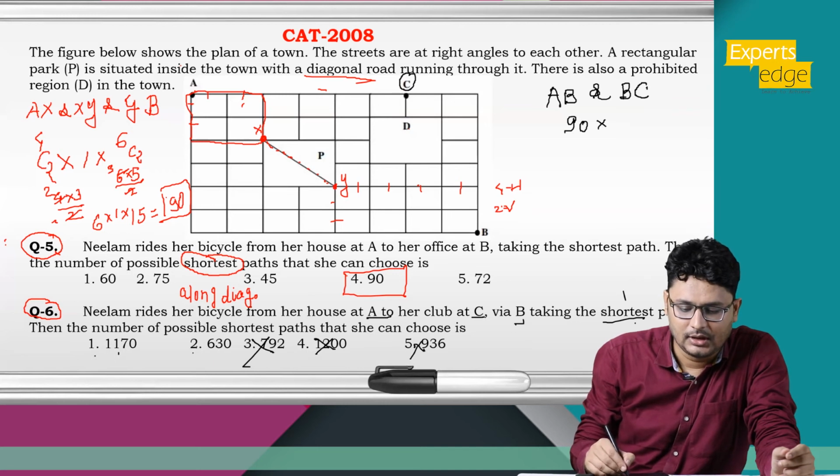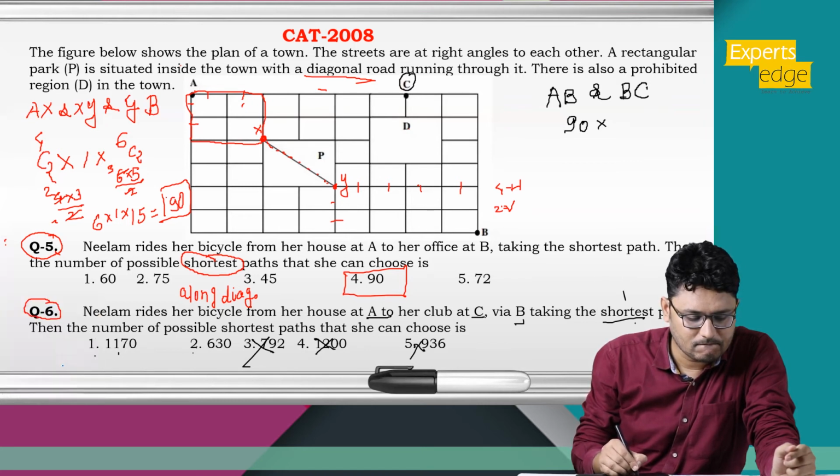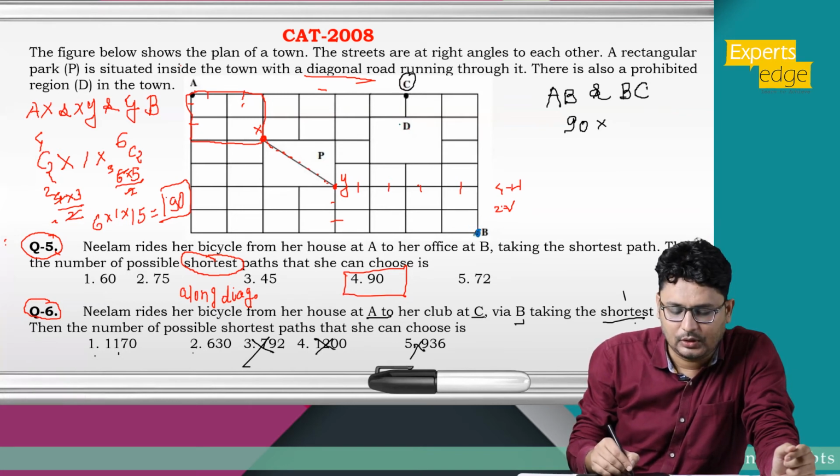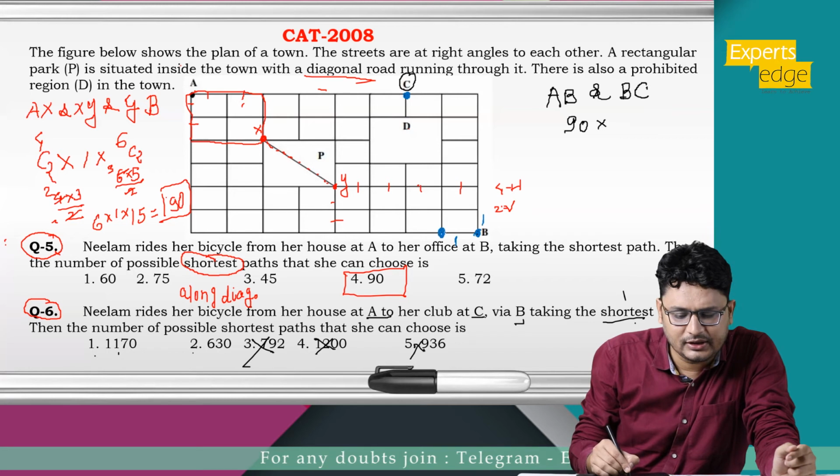Now let's solve this. So B to C, if I want to go, let's apply the Pascal method here. So I need to go from B to C. Okay. If this is 1 and this is 1, till C I need to go, so I need to stop here only.